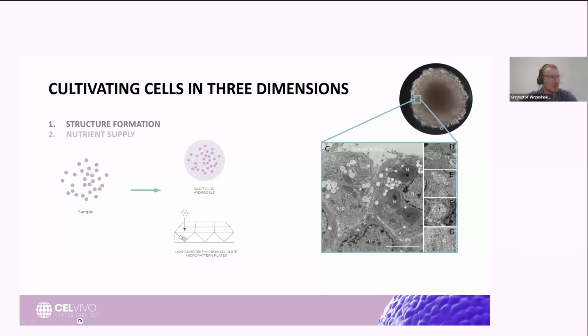In some cases, we also use simple ultra-low adherent plates or micro pattern plates to help force the cells to create conglomerates. Actually, use of the plates is a relatively simple method, and it gives the cells so-called peace and quiet, so they have time to establish the structure.